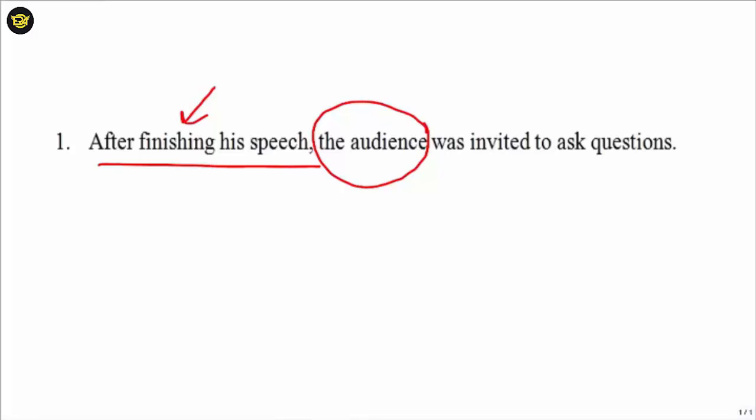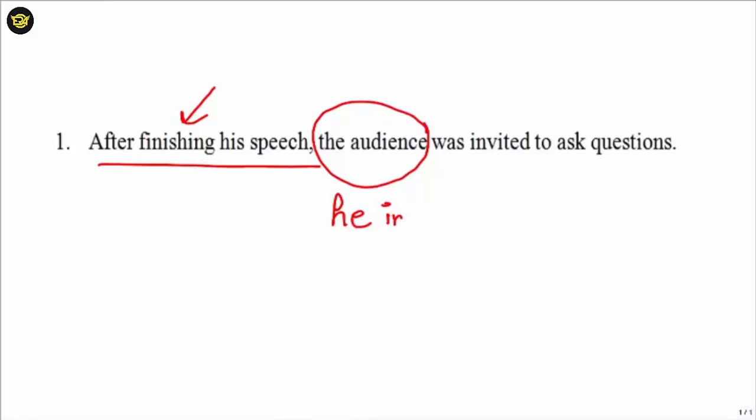After finishing his speech, this sounds like, let's say, an adjectival modifier. Why does it sound like an adjectival modifier in the first place? Because it is referring to a person, right? After finishing his speech, if the sentence is supposed to make sense, how should you reframe it?